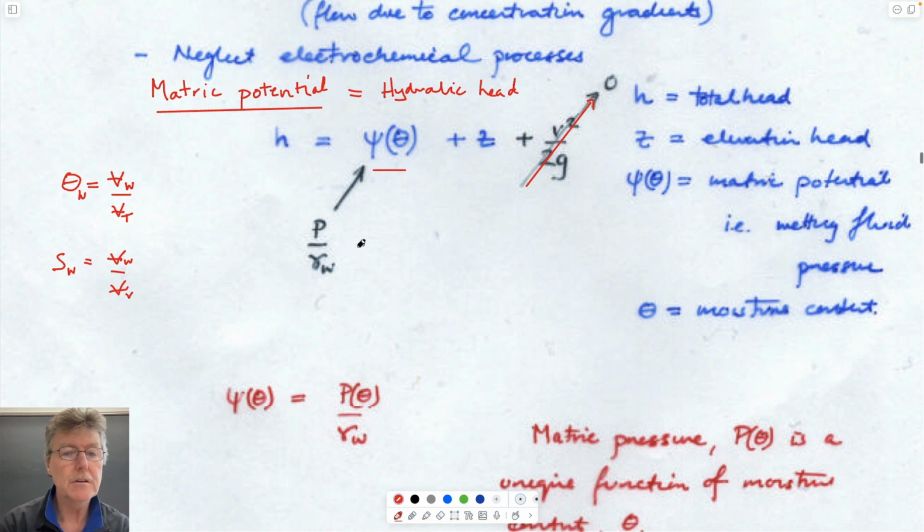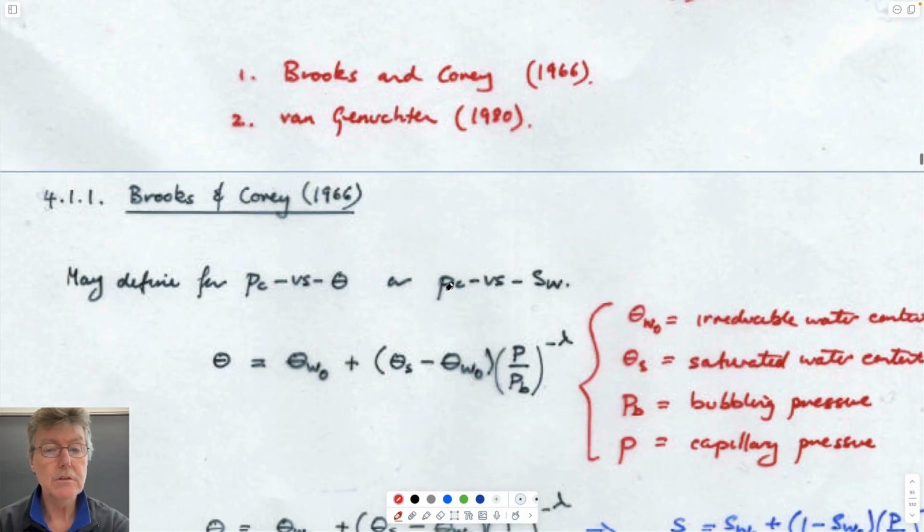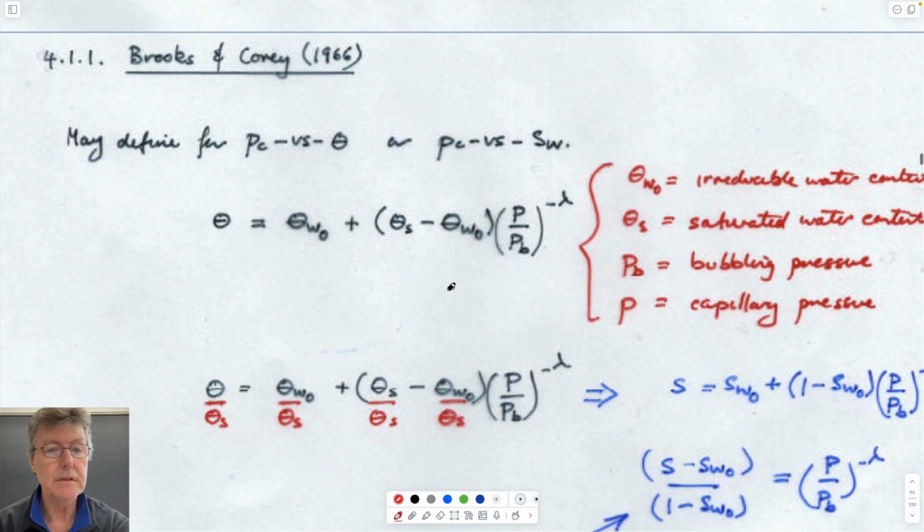If we define capillary pressure as before, equal to the pressure in the non-wetting phase minus the pressure in the wetting phase by convention, then we can divide each of these through by the unit weight, and this is the same as PC over gamma W. If we divide through by unit weight, it's in units of length, just as head. And so we'll try to use that to represent these behaviors.